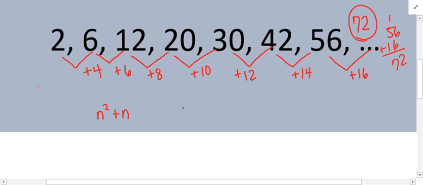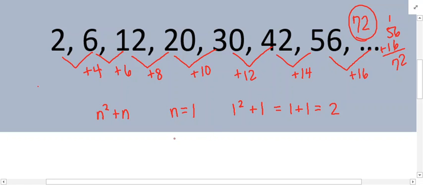Basically n is a number. Watch, if I want the first number or term in the sequence, I'm going to let n equal 1. So I would plug n equals 1 into this formula. I would get 1 squared plus 1. That's going to give me 1 plus 1, which is 2, the first number in the sequence.